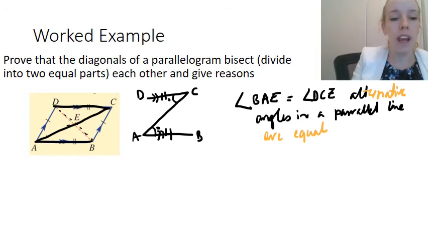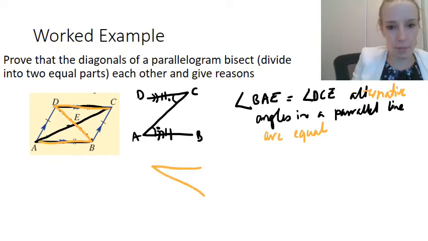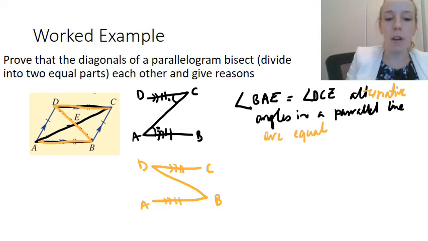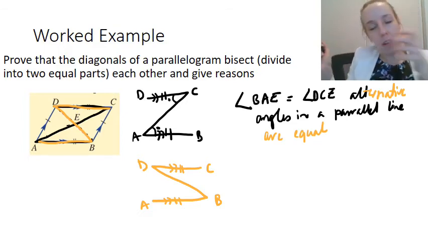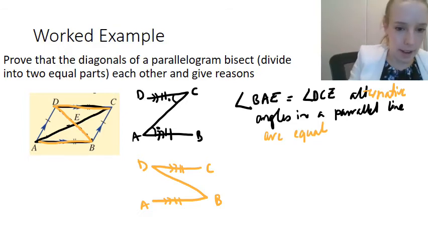So if we look carefully, we've actually got the opposite the other way as well. So if we were to draw it the opposite way, and this is still D, this is still B, A, B, these lines are still equal and parallel. By this logic, we will also have equal angles here.